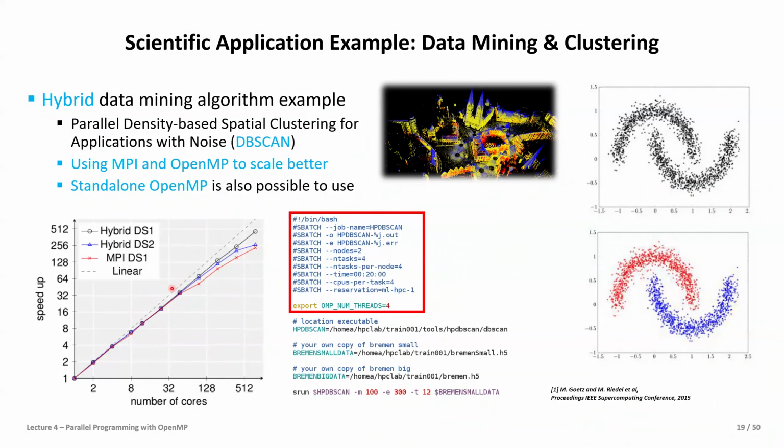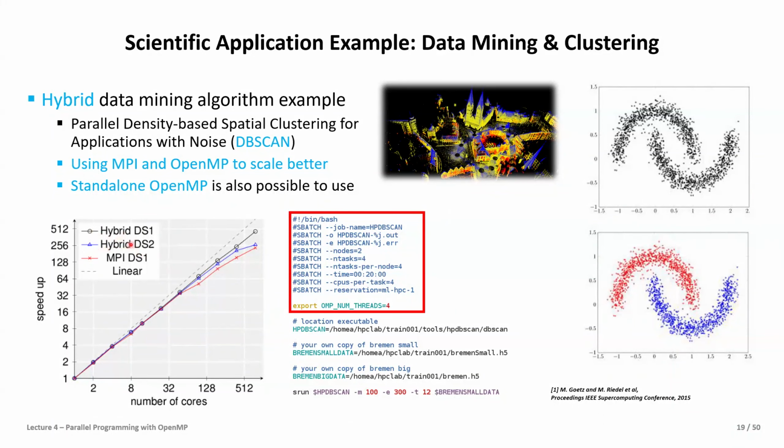But here is something where you clearly see with MPI, at some point in time, we break off with performance, right? So when we add more and more cores to this data science problem, there's some trouble and overhead with it. Now, when we do this with both different data sets, a smaller Bremen and a large Bremen data set, and add here the hybrid one, where we actually implemented OpenMP and MPI and use them in parallel, hence the code can be used with MPI only, or you switch on OpenMP statements so that within one region of the clustering the power of shared memory is also used.